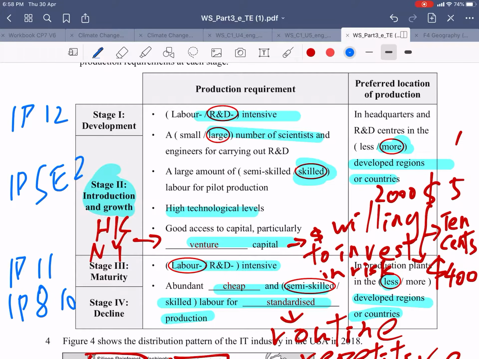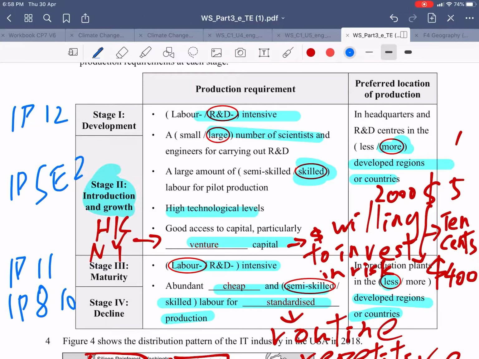The development is highly research and development required, and a large number of scientists have to carry out the research and development. Skilled labor is needed, a high technology level is needed, and it needs a lot of venture capital.